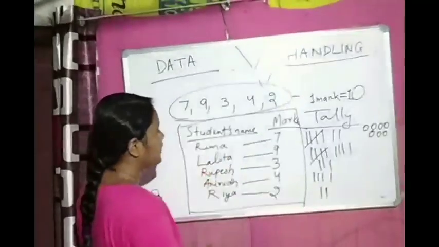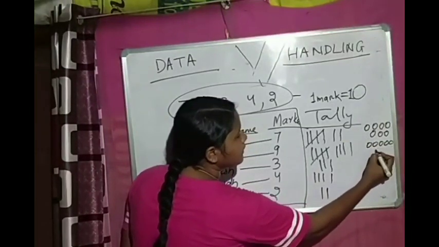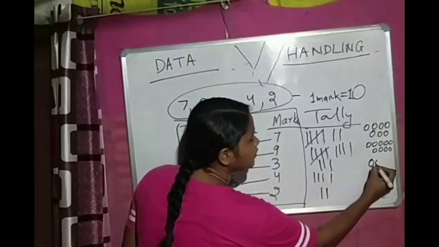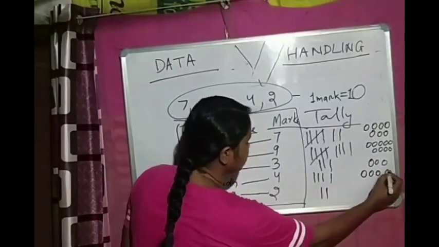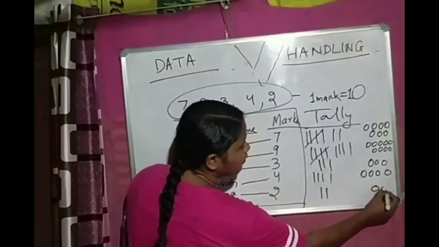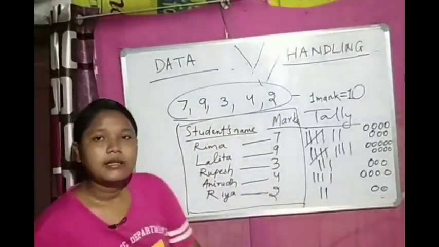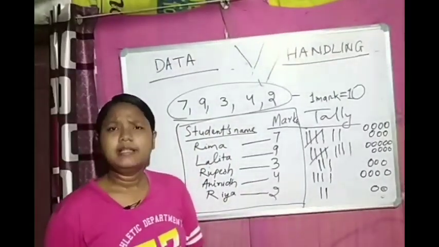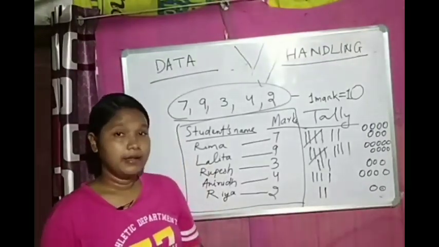For Lalita, 9 circles. For Rupesh, 3 circles. For Anirudh, 4. And for Riya, 2. Then another thing we have studied is representing data in a bar graph. So all these we have studied till now.